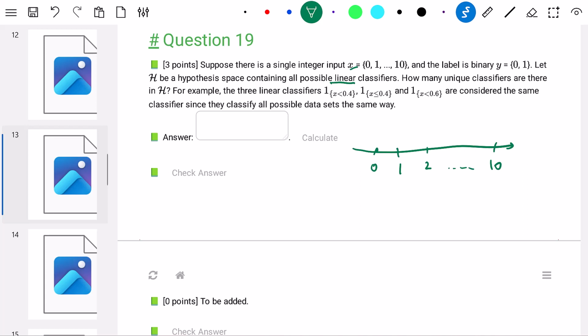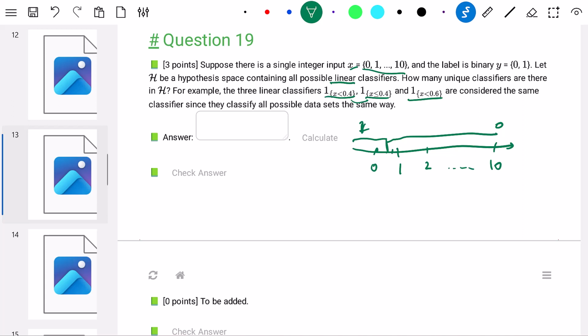If we look at the example here, these three classifiers are classifying, say, when x is less than 0.4, we're classifying it as class 1, and otherwise we're classifying it as class 0. Similarly, if we include 0.4 or not, it doesn't really matter. These two are identical because none of the features can take on the value 0.4, so it doesn't change anything whether we include it or not.